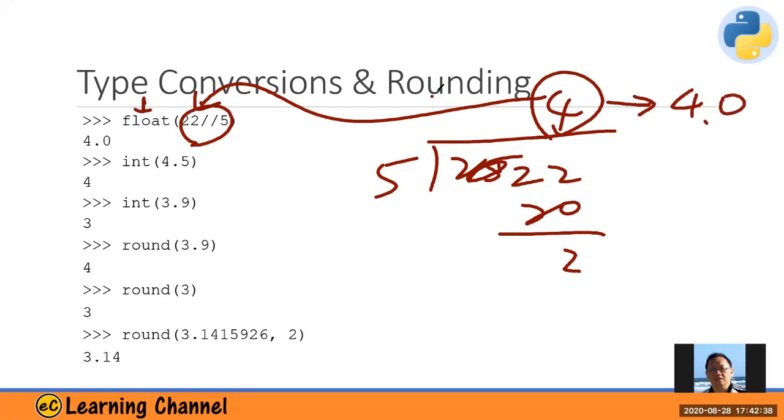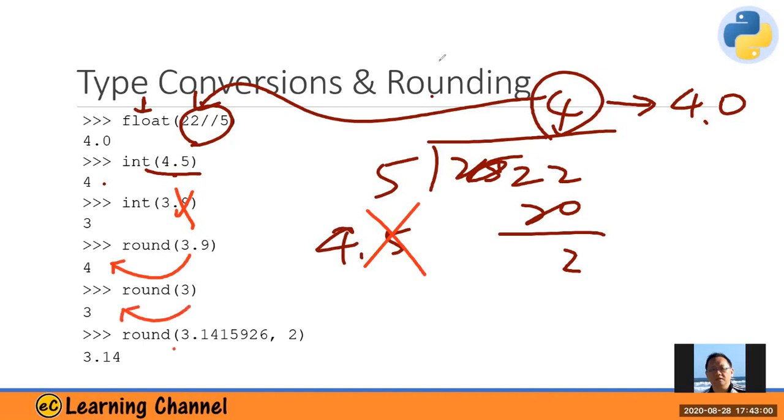Is that okay? So this one, integer 4.5, you will convert it to 4, because it will truncate anything after the decimal point. 3.9 truncates as well. If you do rounding, you round to 4, round to 3, rounding by 2 digits. Is that okay?